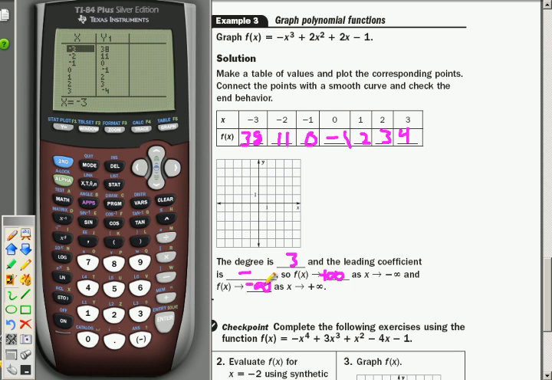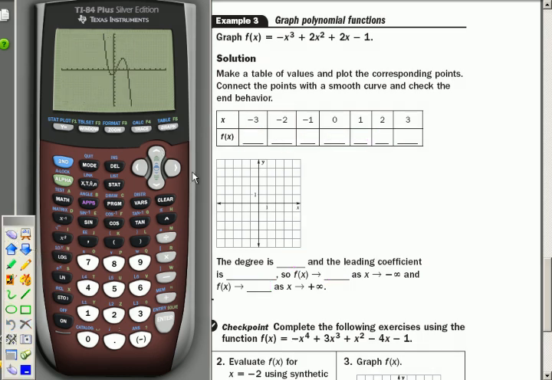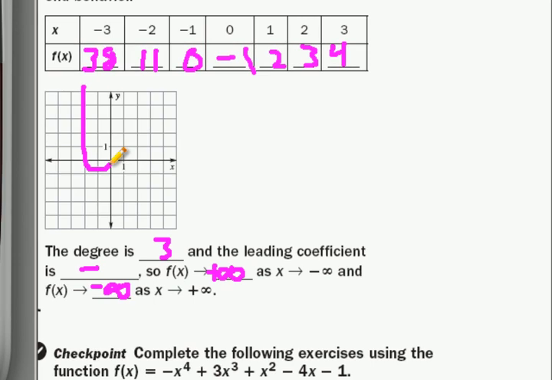So let's see if that makes any sense when we look at our graph over here. When we look at our graph, see, it was up here. Let's try to draw that real quick. It went down, through here, up, and down there. And my end behavior was that it went on and on in those directions.